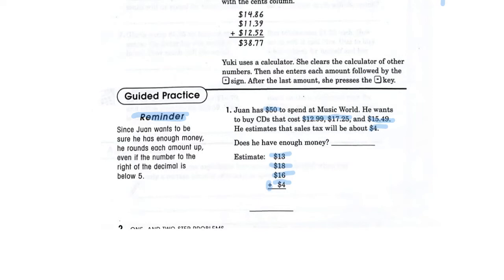I don't have my calculator handy, so I'm going to do it by hand. So I know that 4 plus 6 is 10, and I know that 8 plus 3 is 11, and 10 plus 11 is 21. So I'm going to put a 1. I'm going to carry my 1. Then I have 1, 2, 3, 4, and I get $41.